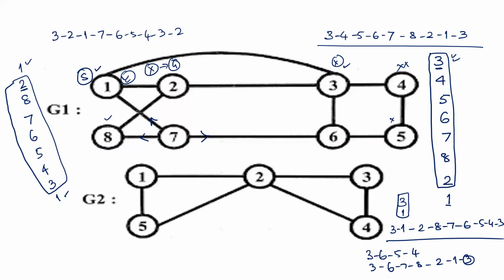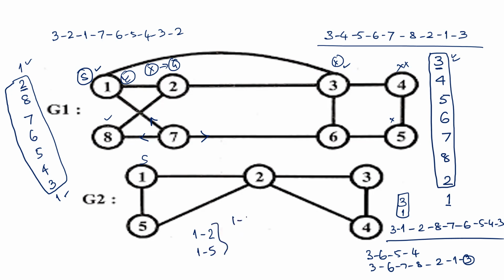So now let us try to apply the same idea on the second graph. If we assume that this vertex is the source, then the cycle can be generated by traveling from 1 to 2 or 1 to 5.